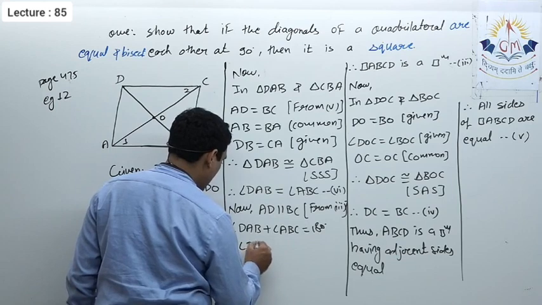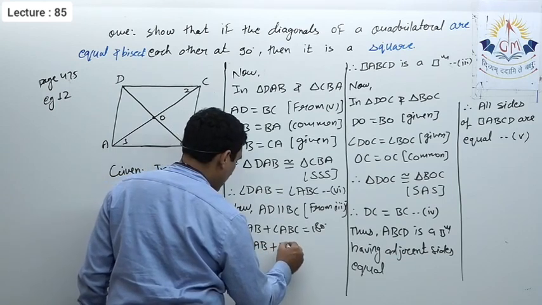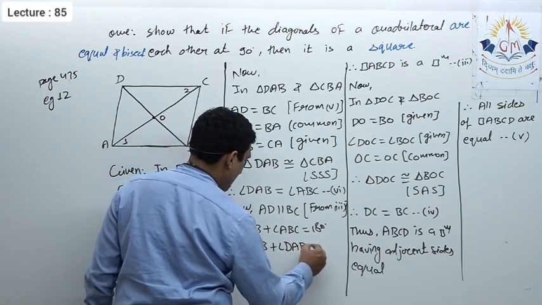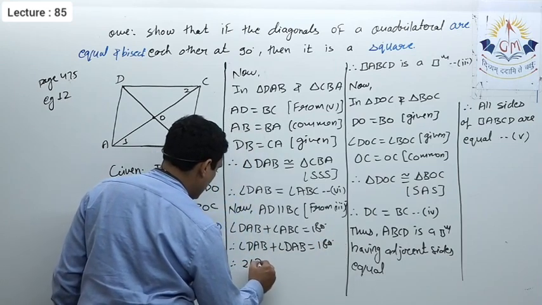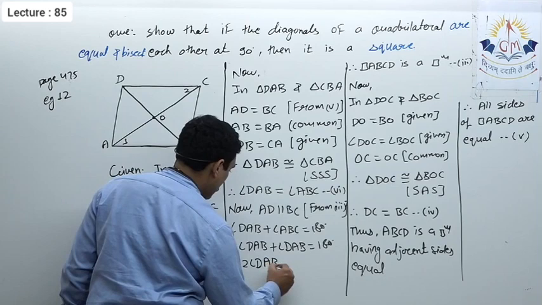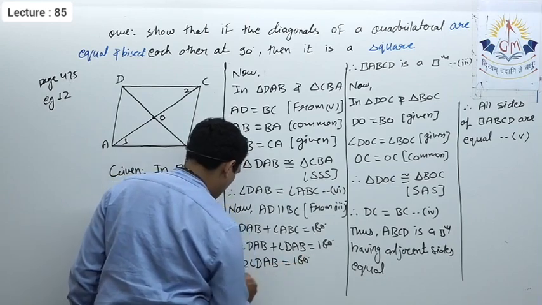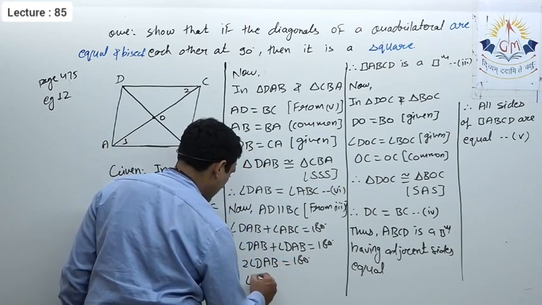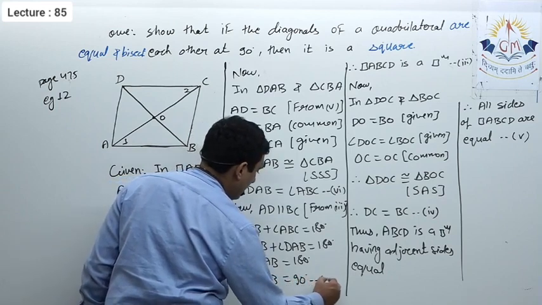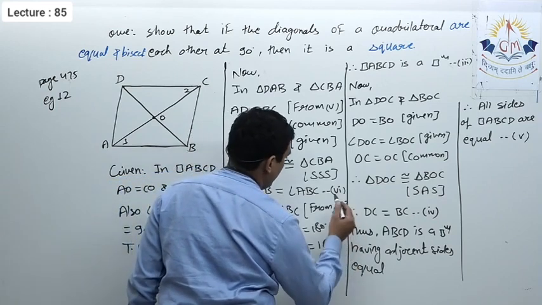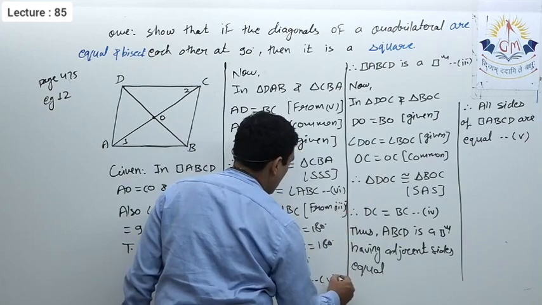Therefore angle DAB plus angle DAB is 180 degrees, so twice angle DAB is 180 degrees. Therefore angle DAB is equal to 90 degrees. That is equation number 7.